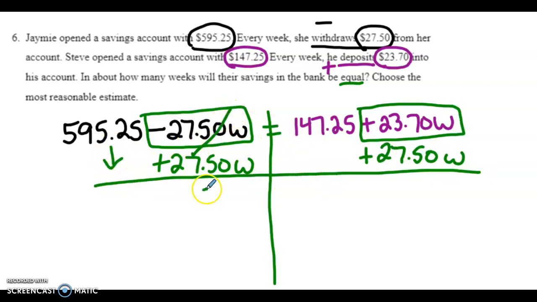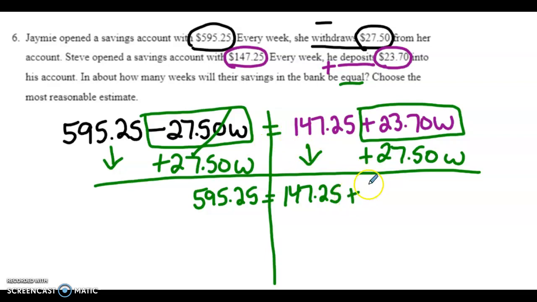I'm going to bring this number straight down. And then I'm going to bring this number straight down, and I'm going to add those together. I'm going to use a calculator for that. And I got 51.20 per week, or still have that W there.